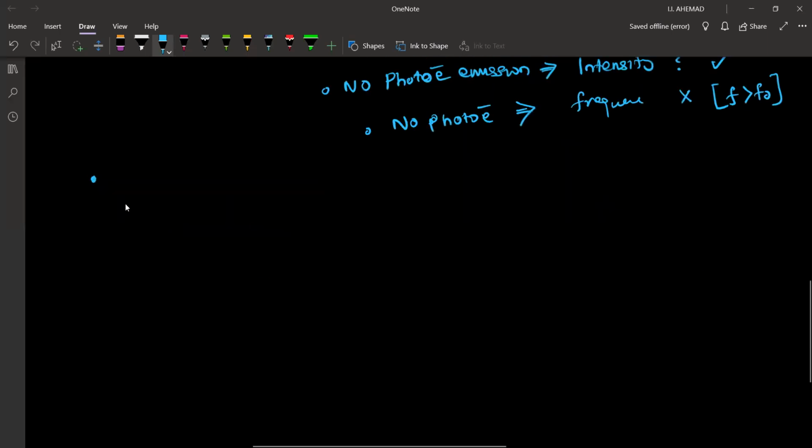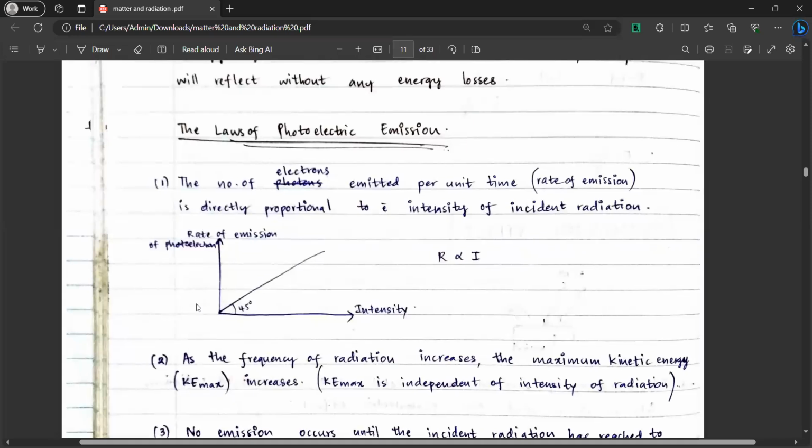So, under laws of photoelectric emission, let's note this. Not this one. First note.